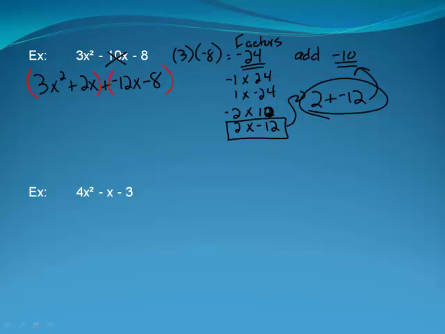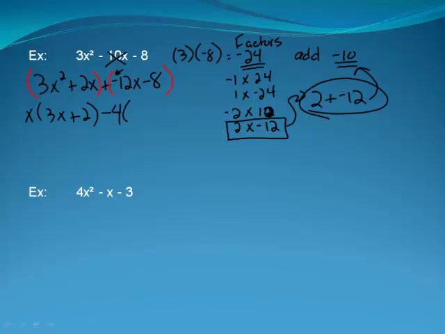Out of that first group, we're going to pull out an x, which leaves us with 3x plus 2. Now our second group, notice, has a negative leading term, so we want to factor out a negative something. So I know that I'm going to pull out a negative. The greatest common factor there is a 4. So when you pull out a negative 4, not only are you pulling out a 4, but you're also changing the sign of each term in that group.